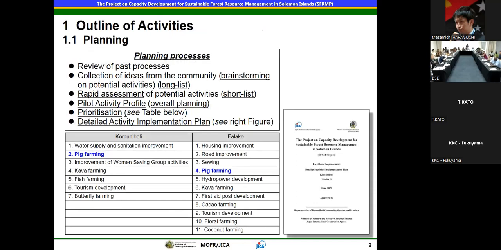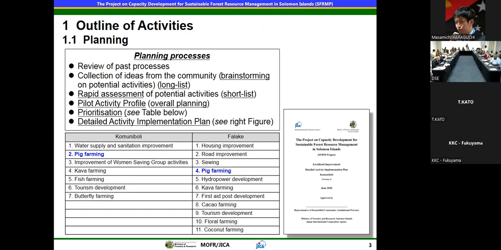In the implementation of the other livelihood improvement activities, the first step is the planning process. As you can see, the planning process involves reviewing past processes and collecting ideas from the community, that is, brainstorming on the potential activities that the community would like to be implemented.